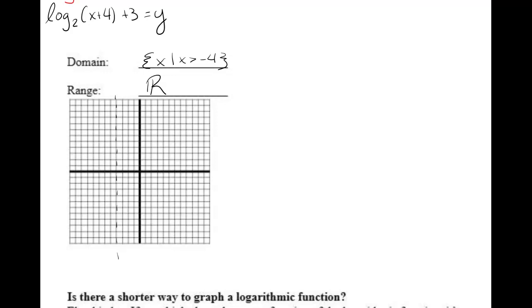From there, you should have points at negative 3, 3; negative 2, 4; 0, 5; 4, 6; and 12, 7.